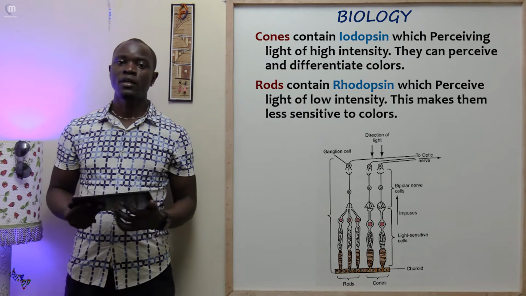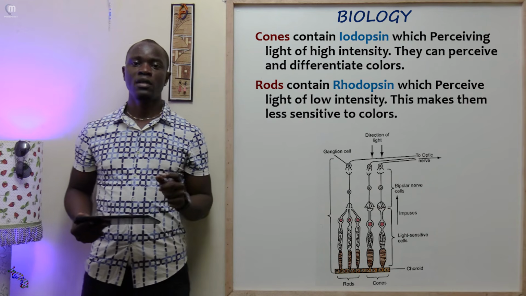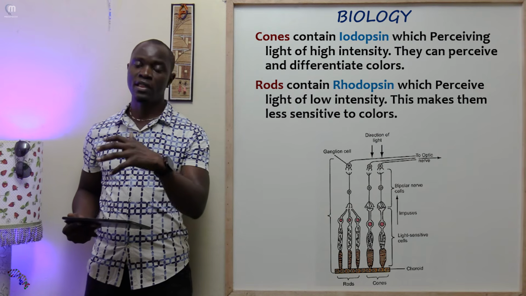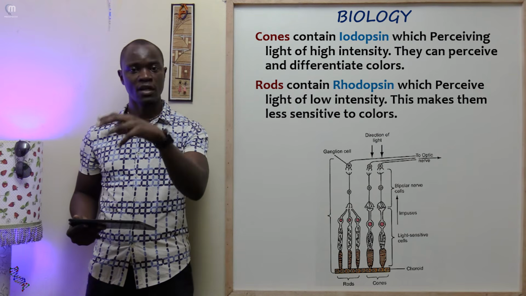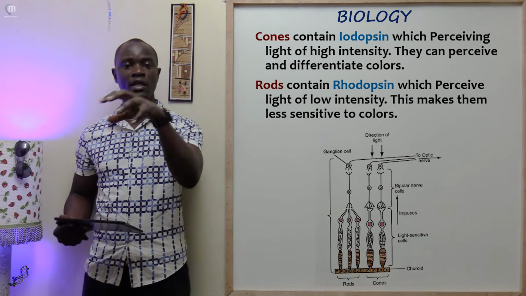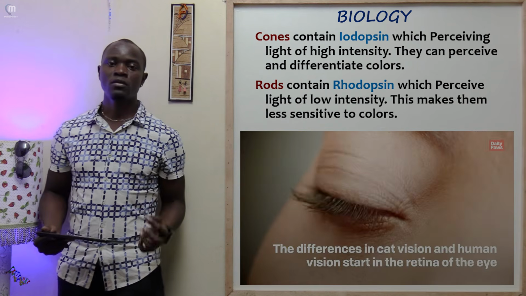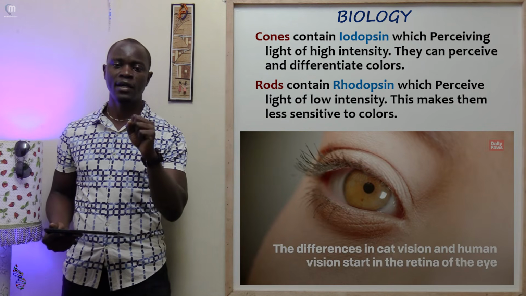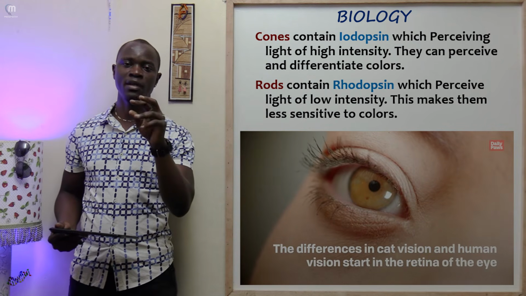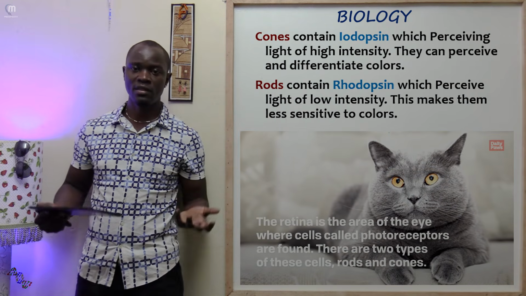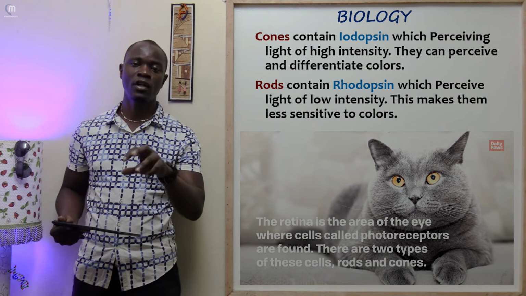So remember, the two functions of the cones are to perceive light of high intensity and to differentiate colors. So mostly during the day, we use cones for vision. If there is some darkness or we are in some dimly lit room, the cones cannot function, so the rods function.